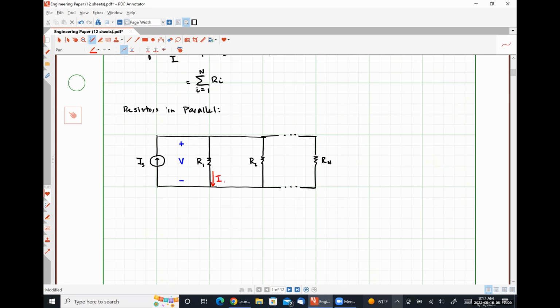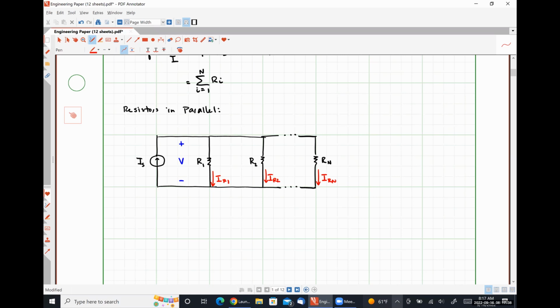So I'm going to call this IR1, this IR2, and this current IRN, where the direction of the current that I have chosen is that the current is flowing into the positive polarity terminal of our voltage V, so that, again, we don't have any pesky negative signs or anything like that to worry about.